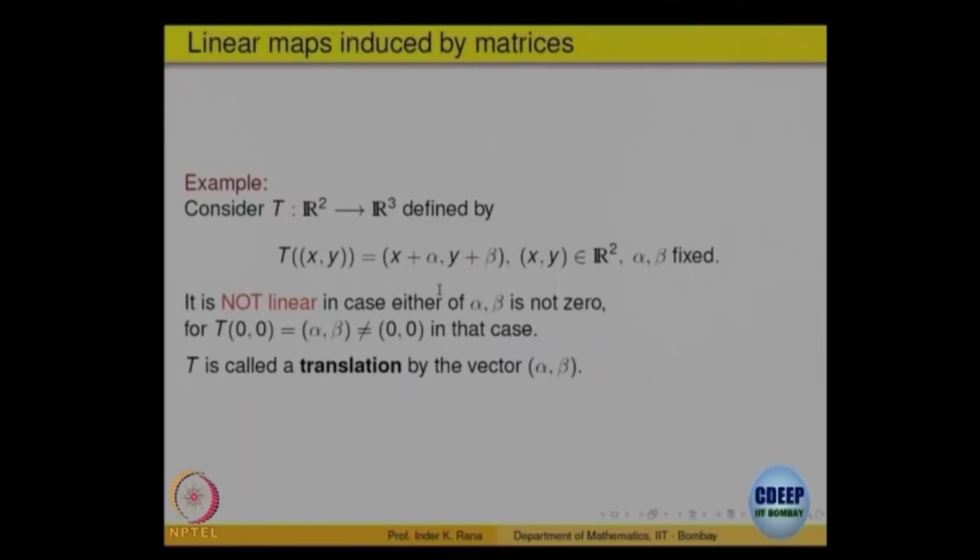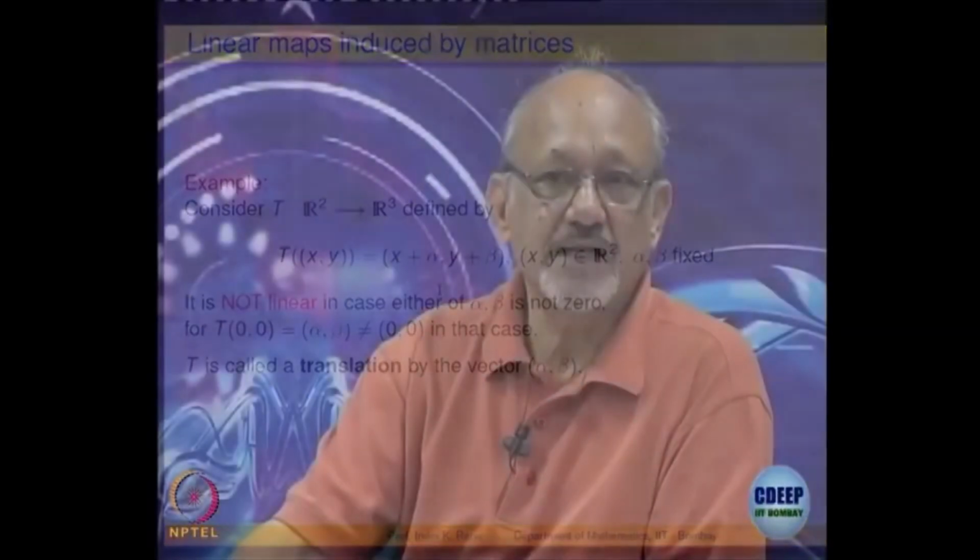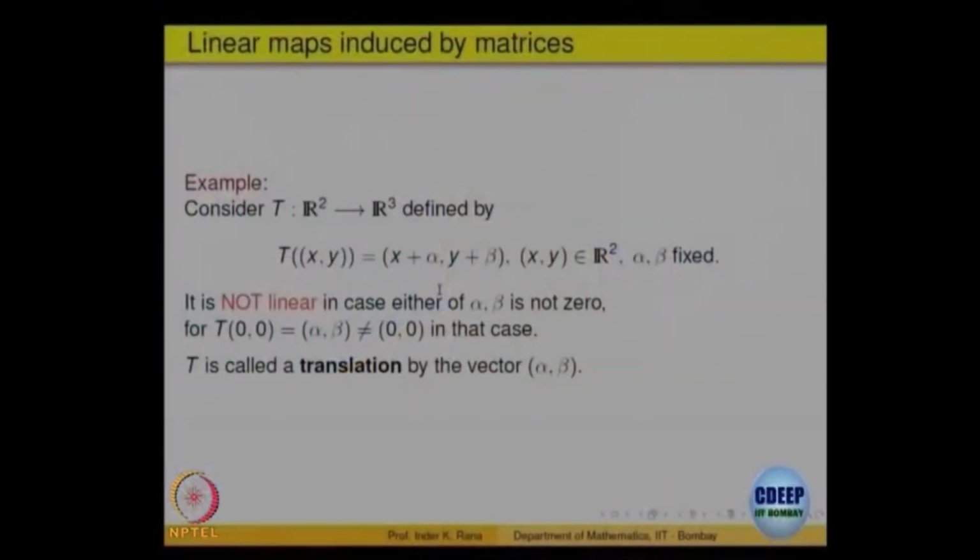Whenever you want to check whether something is linear or not, the first thing you should check is whether T of 0 is 0 or not. That is a necessary condition. So, T linear implies T of 0 is 0. Whenever we want to check whether something is linear or not, first verify the necessary condition. That is how necessary conditions are used. So, it is not linear, okay.